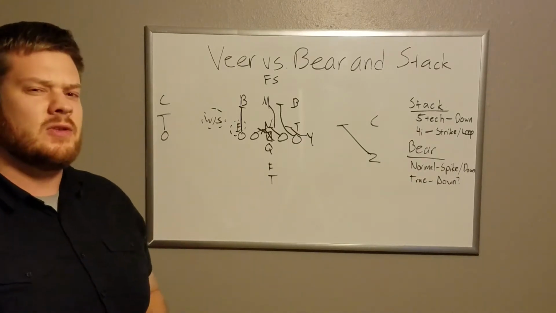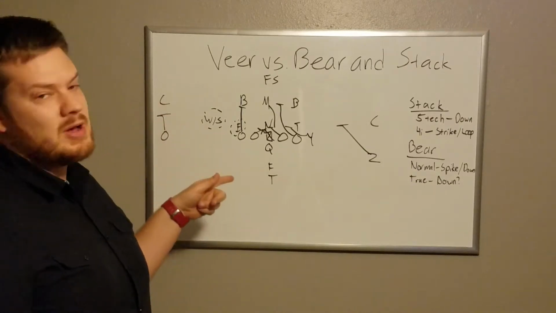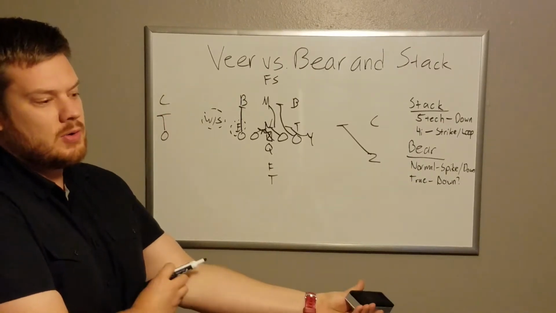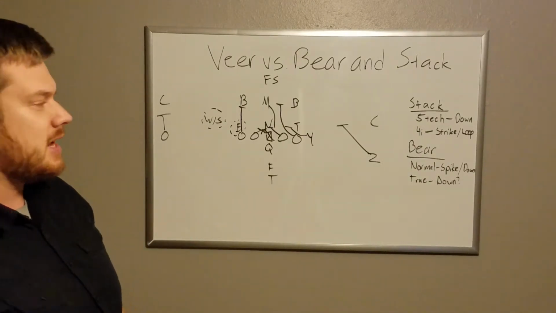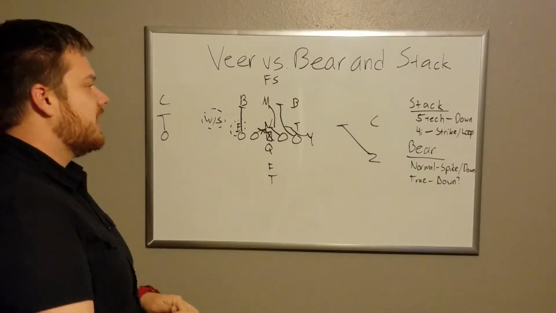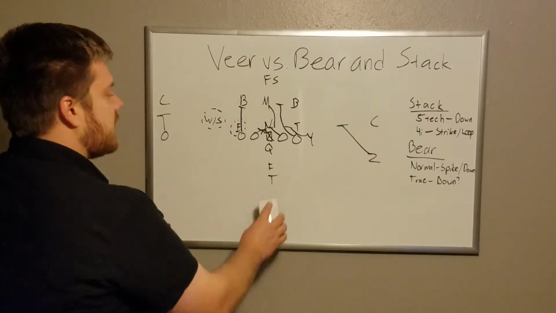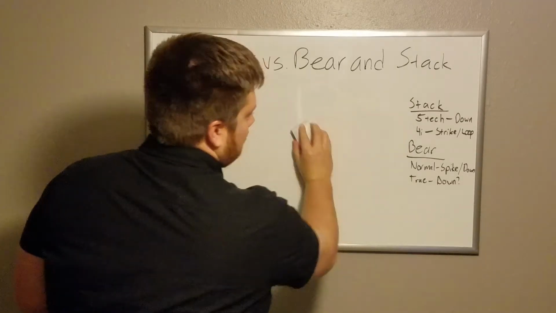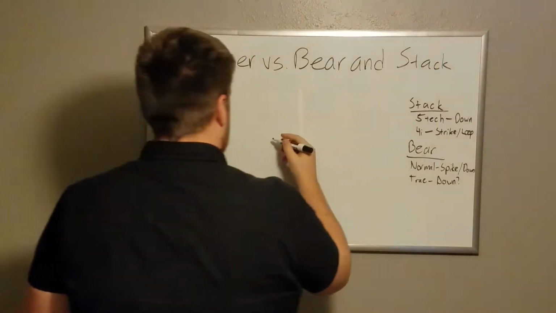And I'll have another video about our complementary plays that we think work extremely well versus stack, but it takes away a lot of our other schemes, and so it's definitely kind of an interesting defense for us to play against. We like playing against it. We think we can score a lot of points on it, but it does take away some of our complementary plays by alignment. All right, so let's look at if the defensive end is in a 4i and what our options are for that. And we'll play it to the strong side, we'll play it one way, to the weak side, we'll play it a different way.